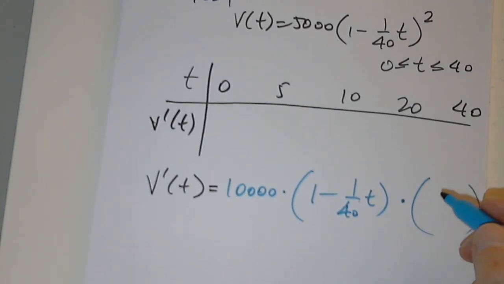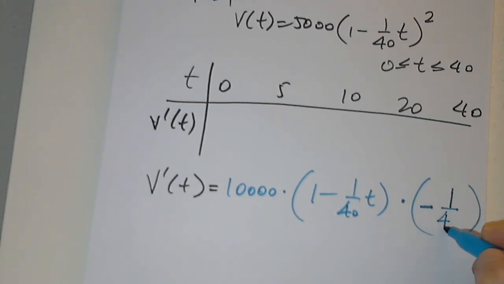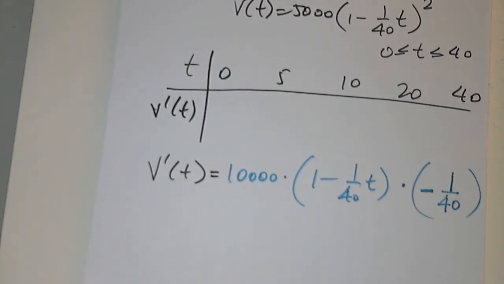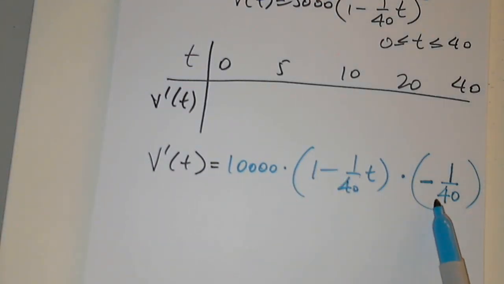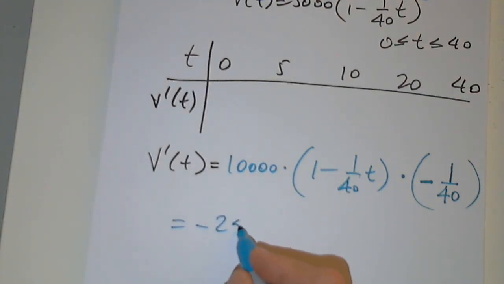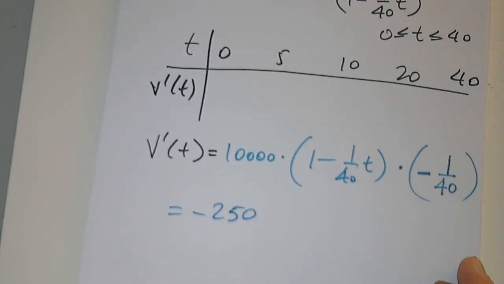That's just going to be, it gets rid of the 1, so it's just negative. Yeah. Very good. 1 prime is 0, but negative 1 over 40 times t is negative 1 over 40. Okay. I will simplify. So 1,000 divided by 4, negative 250, because I simplify 10.